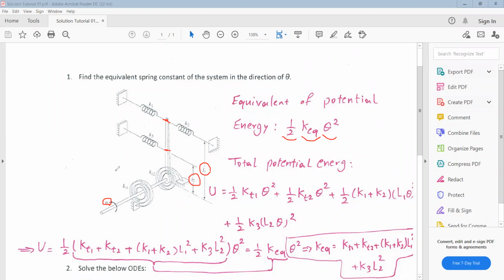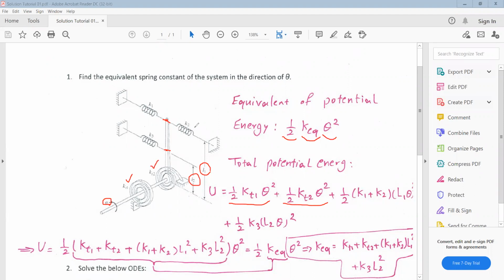So the potential energy for this system is equal to the summation of the potential energy in KT1, KT2, K1, K2, and K3. Because we have 5 springs, the potential energy is the summation of 5 springs. The first ones are half KT1 theta squared and half KT2 theta squared for these two rotational springs.